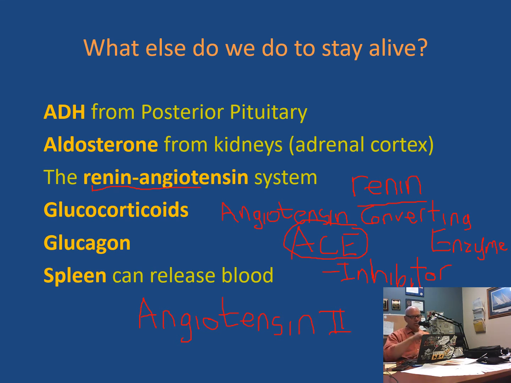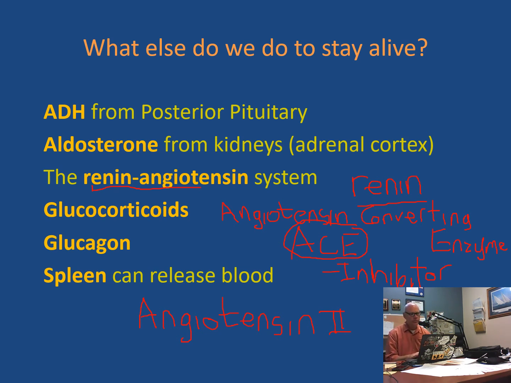All right. So why would someone take an ACE inhibitor? To lower their blood pressure. How does that work? It causes our body not to be able to cause vasoconstriction. So you could call that a relative vasodilation, lower our blood pressure. So here, release renin. Renin, through a step-by-step process, becomes angiotensin 2. Angiotensin 2 causes vasoconstriction, helping out our epinephrine, which is trying to do the same thing.